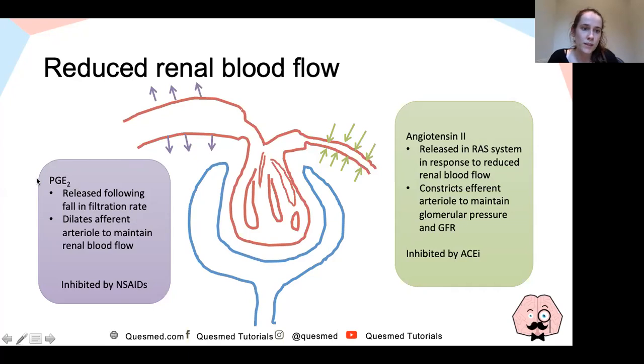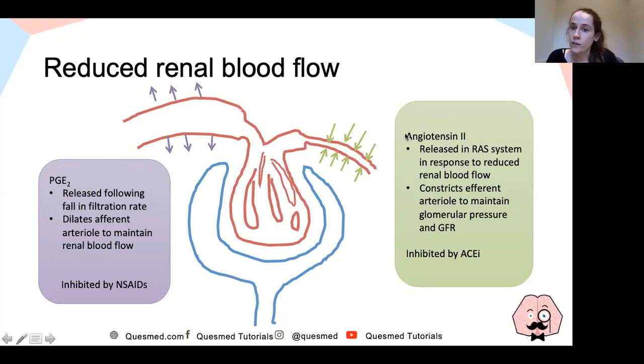So prostaglandin E2 is released following a fall in filtration rate. What that does is that dilates the afferent arteriole to help maintain renal blood flow, because if we're dilating that arteriole, then it's easier for blood to come in through that arteriole, and therefore more blood is getting there, and therefore more can be filtered.